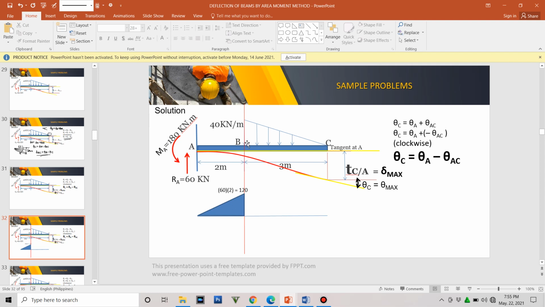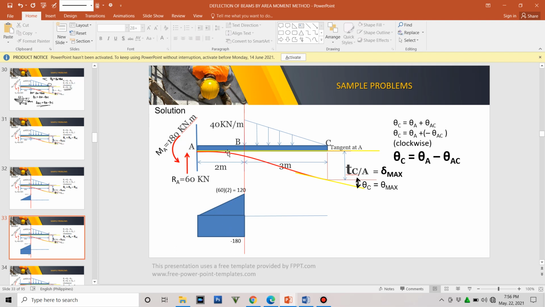So, we select this reference line and then first, dito tayo sa left, ano? So, anong meron sa left? Yung 60. Okay? PL lang yan. 60 times 2 is equal to 120. So, next, yung moment niya naman. Anong moment niya? Sabi natin, i-lock natin to, i-apply natin yung moment, yun din yung value.